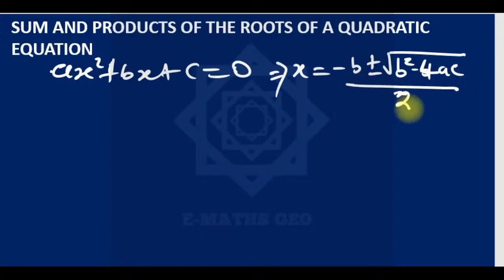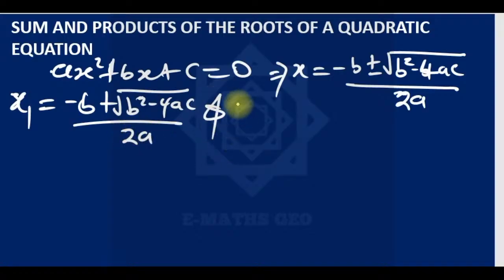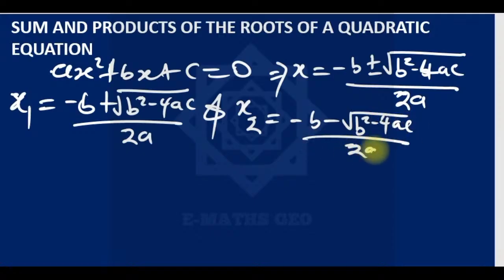This can be split in two forms. We have two answers. Let's call x1 the first root, which is minus b plus the square root of b squared minus 4ac over 2a, and the second root, x subscript 2, equals minus b minus the square root of b squared minus 4ac over 2a.